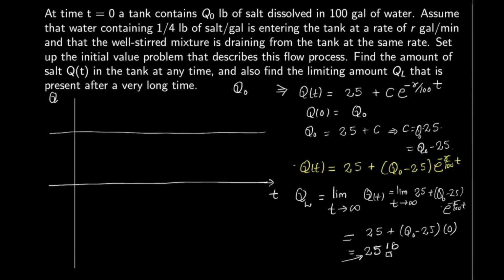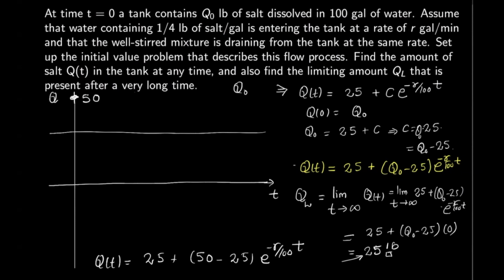So if I have initially, for example, 50 pounds of salt, it means Q of t is going to be 25 plus (50 minus 25) times e to the power minus r divided by 100 times t.